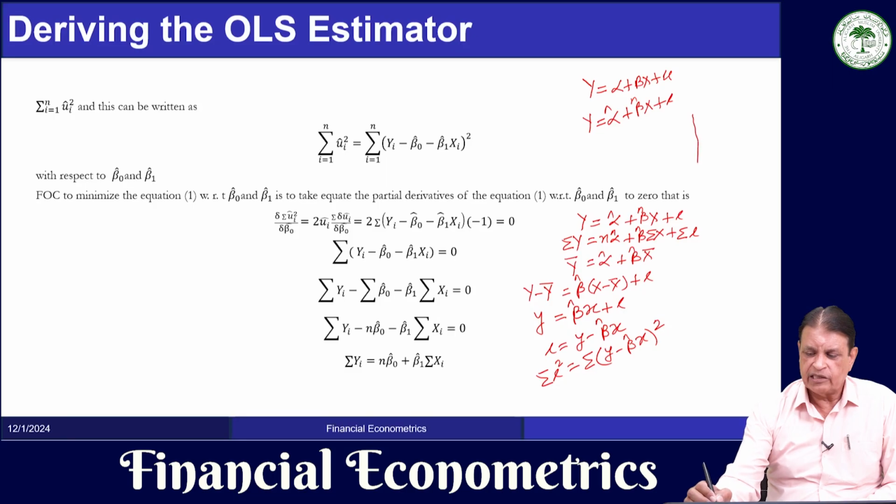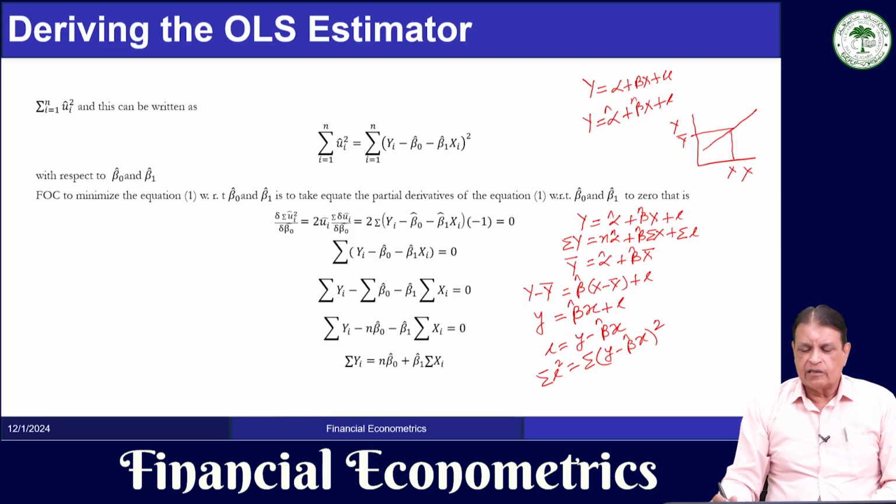If we take this as the sample regression function, taking y on this axis and x on this axis, what we have done is we have taken the mean of y, this is y bar, and this is the x bar. So we are considering the line from the average, and we know that in regression the coefficients are independent of the change in origin and scale.